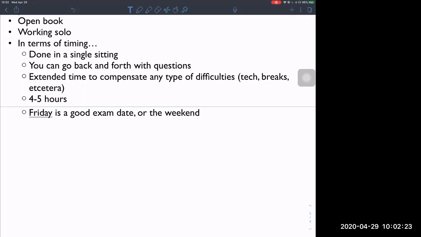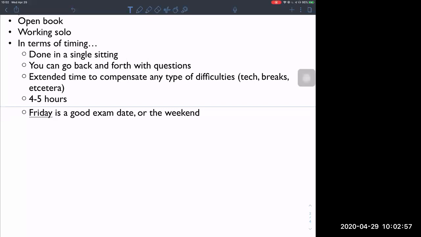What will happen is that you're going to find out for sure whether one day we'll have something or not, right? So what will happen is that even though you're supposed to be doing it in a single sitting, what we'll do is we'll figure out when it comes closer to finals, and I'll go, hey, can everyone do this date? And so the expectation is everyone will be sitting down and doing it at that time, right? Or everyone will be sitting down and doing it at another time. Maybe I'll do it in a window of 48 hours, right? So between 2 days, you can sit down and do this 4 to 5 hour work.